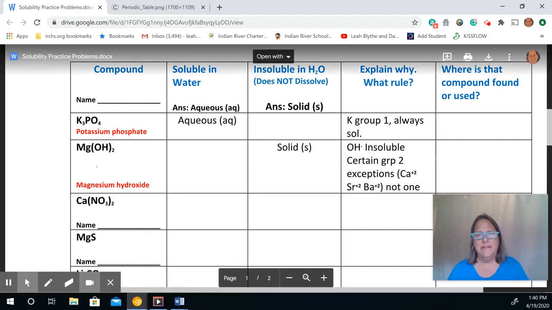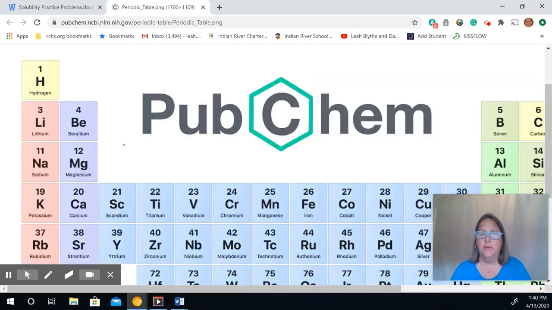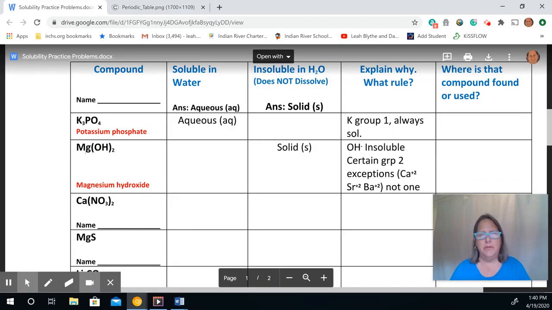If you look up magnesium hydroxide, first we look at the periodic table and look to see where magnesium is. Notice it's in group 2. If we then go back to our solubility problems, here's magnesium, it's in group 2.